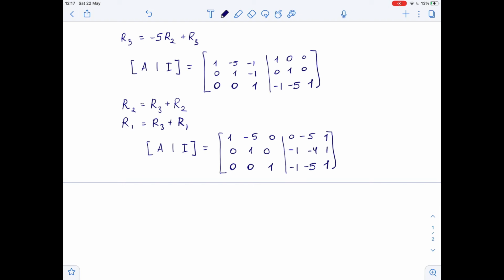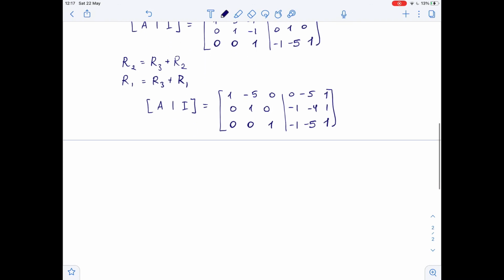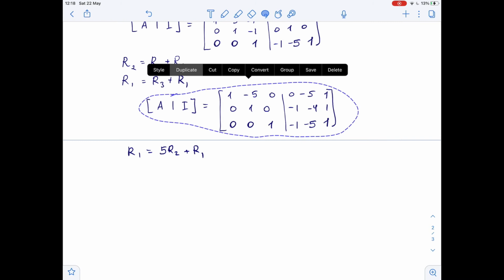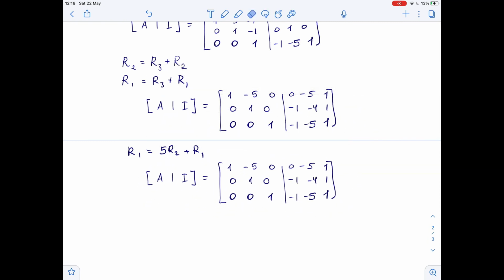Great. And the last operation which we will do is substituting row 1 by 5 times row 2 plus row 1. So let's see what our matrix will look like after this. Here we will have 1, 0, 0, negative 5, negative 25, and 6.